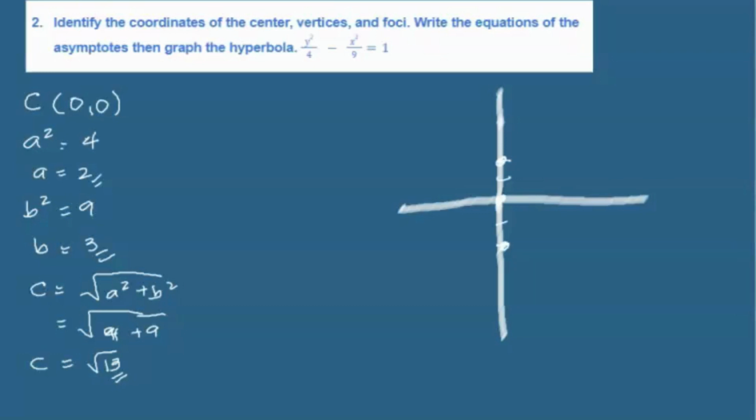And our b is under x squared, so that is along our x-axis. From the center, 3 units, 1, 2, 3, and 3 units to the left, 1, 2, 3.